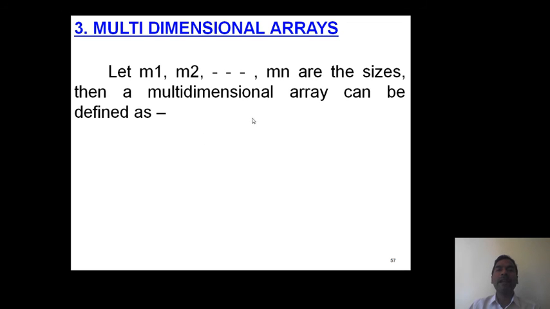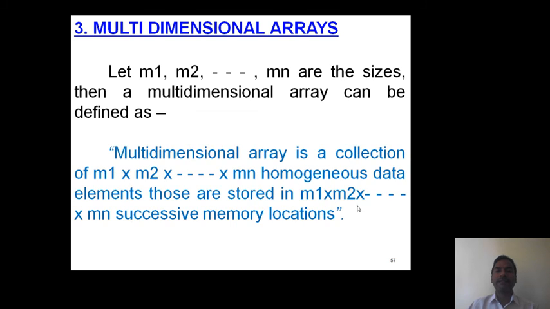Then a multi-dimensional array can be defined as a collection of m1 into m2 and so on into mn homogeneous data elements. Those are stored in m1 into m2 and so on into mn successive memory locations.